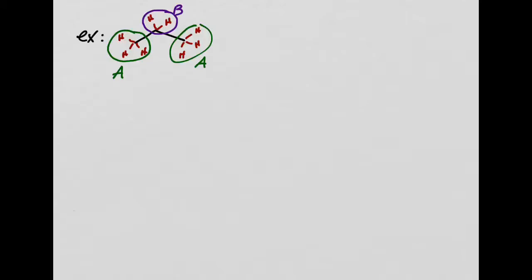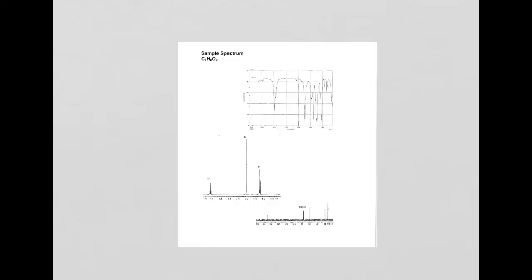So far, so good. Now let's go over what an NMR spectrum looks like. We know what an IR spectrum looks like. Let's look at this one. You already know IR, so when you look at this sample spectrum, you go, okay, I know what this is. This is IR.